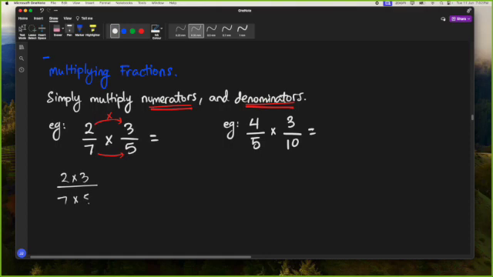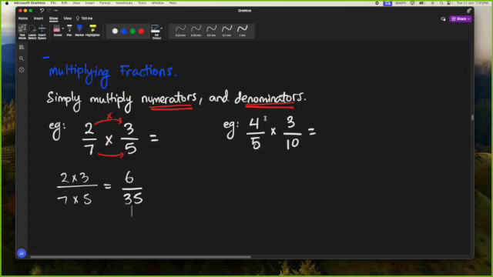You can see 2 3s are 6, 7 5s are 35. And I'm going to use the calculator because I don't feel like doing any brain work right now. No, it cannot be reduced.